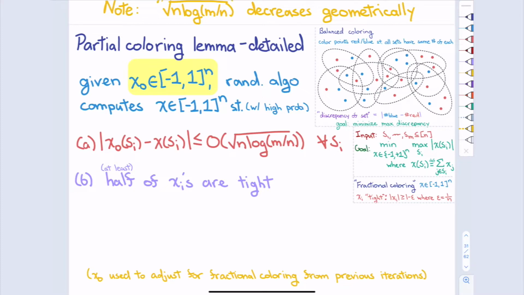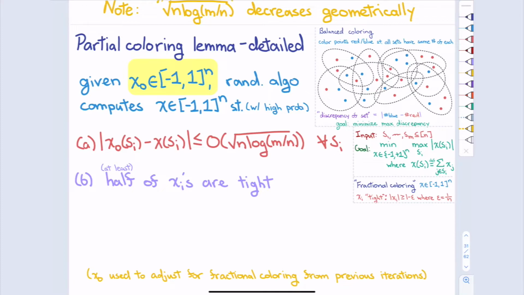So given x0, we're going to do an algorithm that computes a fractional coloring x, so that the discrepancy with respect to x minus x0 is at most square root n. This is only needed for the part where you take the partial coloring and turn it into a full coloring and everything adds up nicely, which I won't actually do. But there's a technical thing.